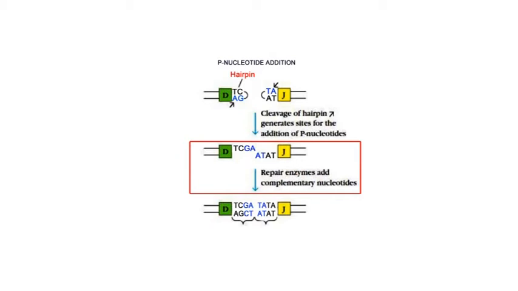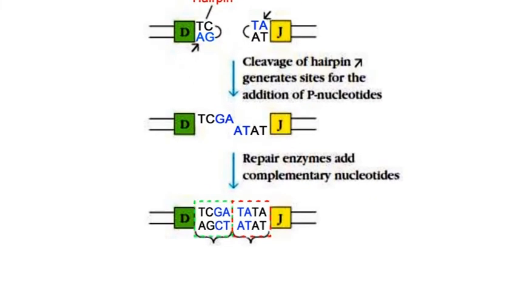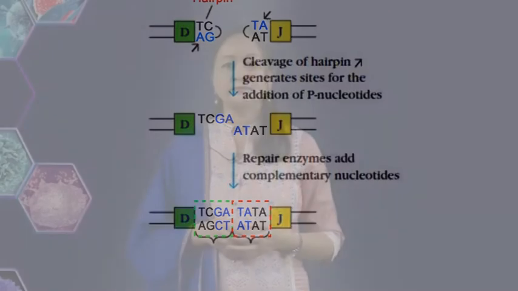The subsequent addition of complementary nucleotides to this strand, P addition, by repair enzymes generates a palindromic sequence in the coding join, and so these nucleotides are called P nucleotides. Variation in the position at which the hairpin is cut thus leads to variation in the sequence of the coding join. P nucleotide addition occurs in the genes encoding all the TCR chains, thus generating more diversity.